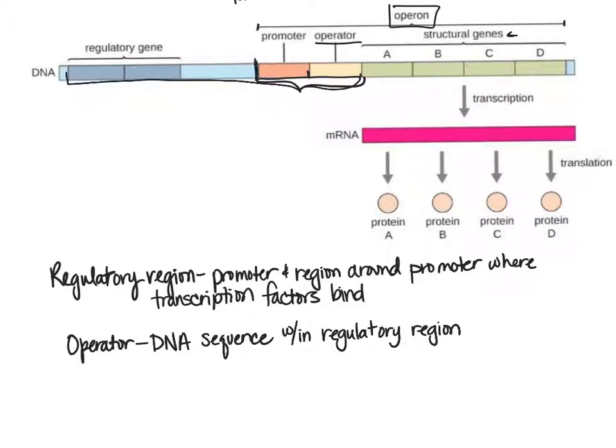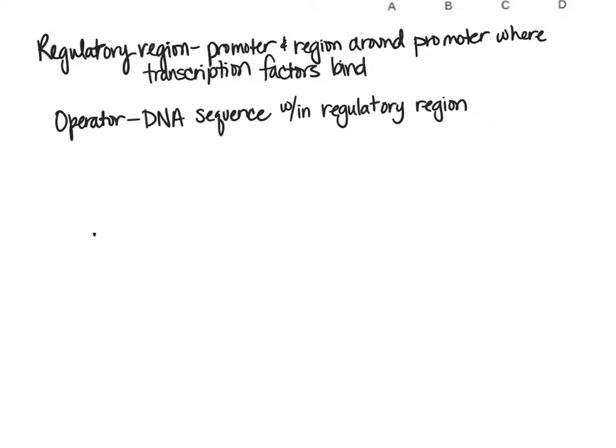But what we are going to focus on here is the promoter, which we've already spoken about, which is where all of the enzymes are going to attach to then start going through transcription. But now we're going to talk more specifically about the operator and some different molecules that interact with the operator. So one molecule that interacts with the operator is called a repressor.